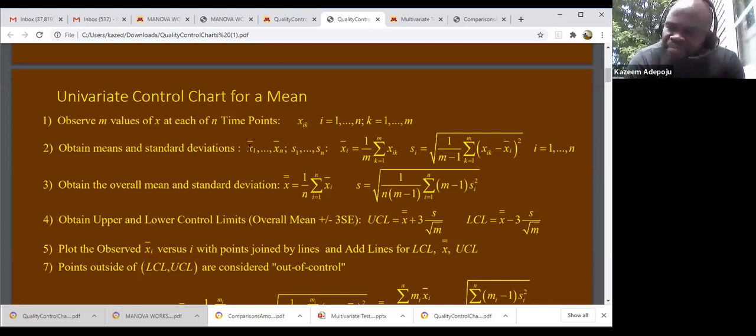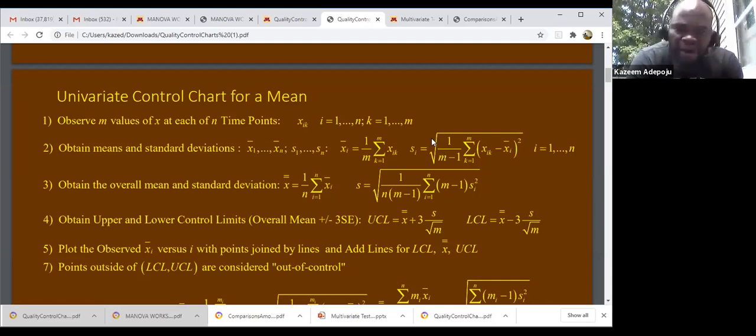We do the same within the month of February. We find the mean for that. And that is why you have several means, and when you have several means, you're going to have several standard deviations, because we are observing n values of x at each time point. This is the formula you can use to find the mean, and this is the formula to find the standard deviation.